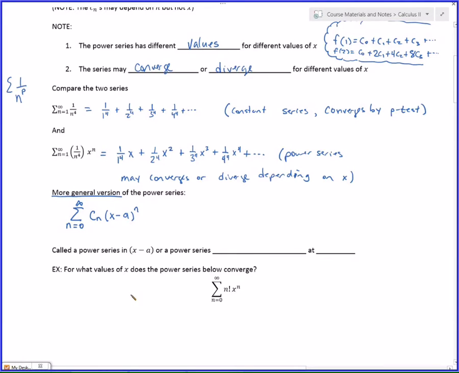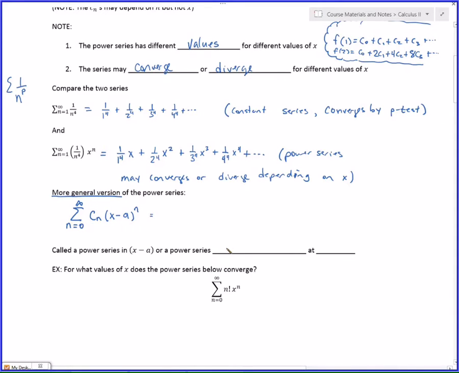So in every term, instead of having x to the 0, x to the first, x to the second, x to the third, you have x minus a to the 0, x minus a to the first, x minus a to the second. And a is going to just be a parameter that you can set. So you call this a power series in x minus a, or a power series centered at a.